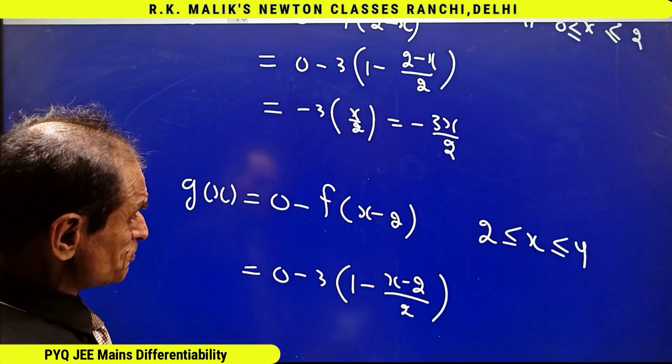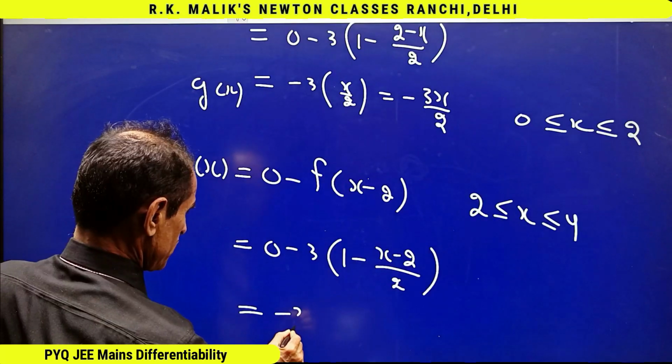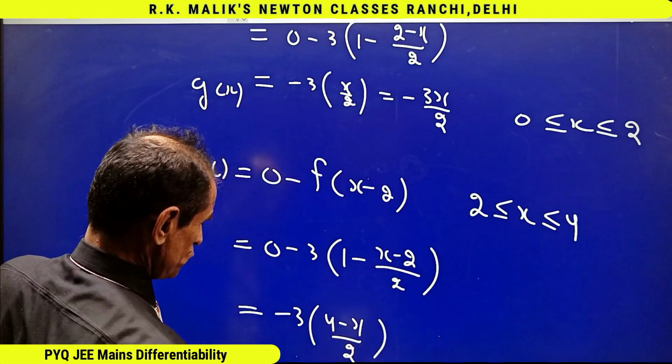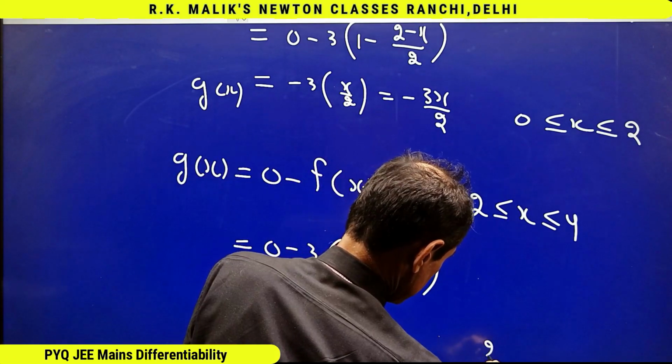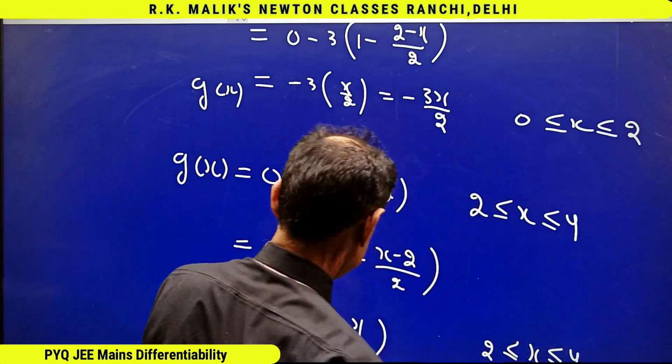Note that x minus 2 is positive. Hence, I will be getting minus 3 into (4 minus x) by 2. And this holds for 2 less than or equal to x less than or equal to 4.